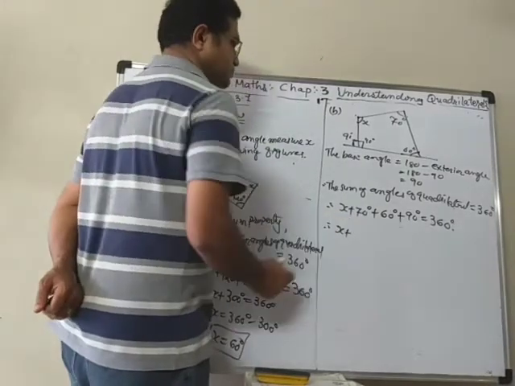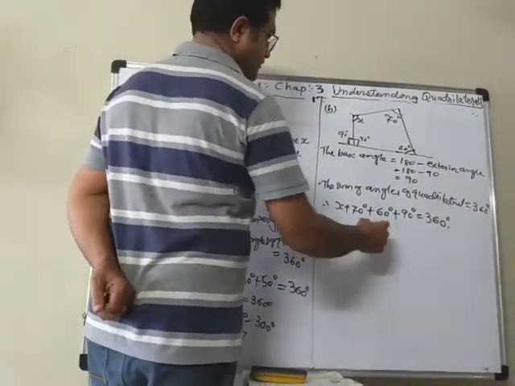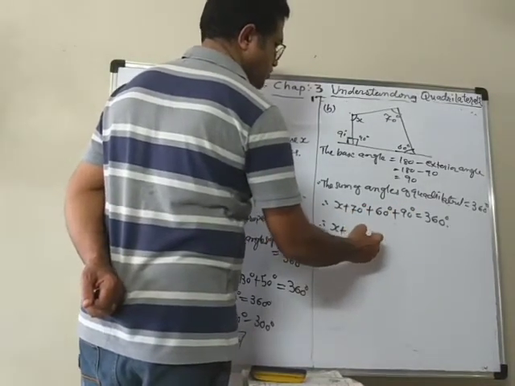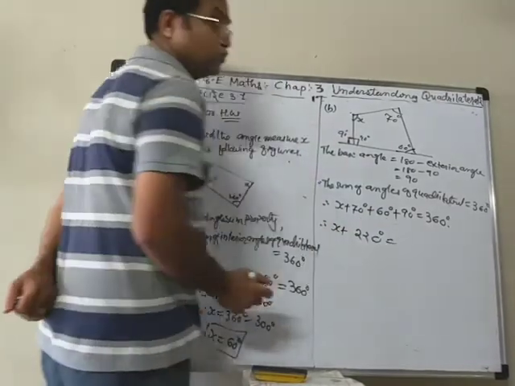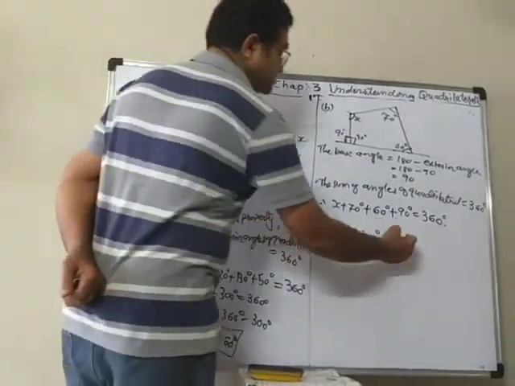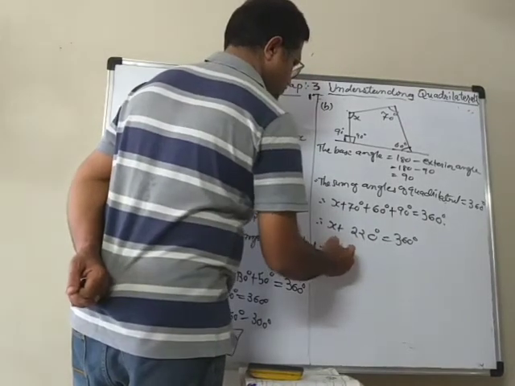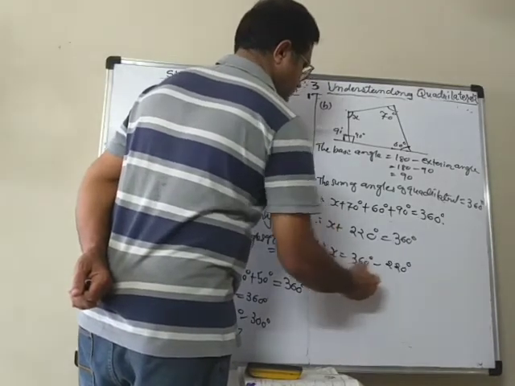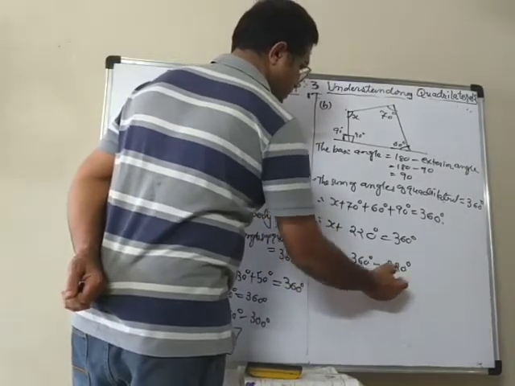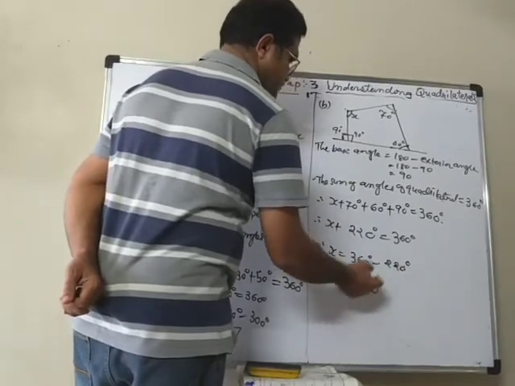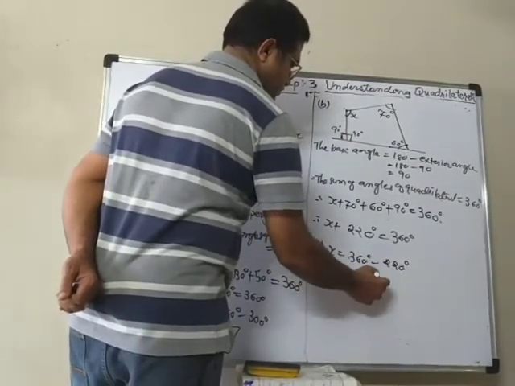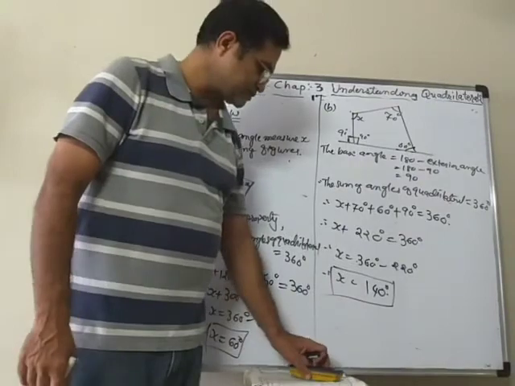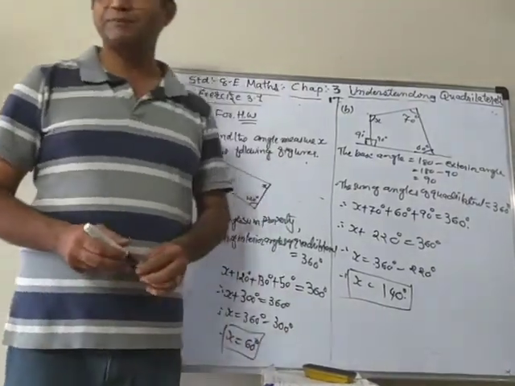Therefore, x plus, now we have to add them, 70 plus 60 plus 90, so it is 220 degree is equal to 360 degree. So we get x is equal to 360 degree minus 220. 0 minus 0, 0, 6 minus 2 is 4, and 3 minus 2 is equal to 1. So here we get the value of x as 140 degree.